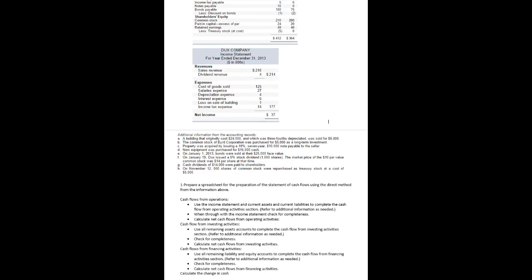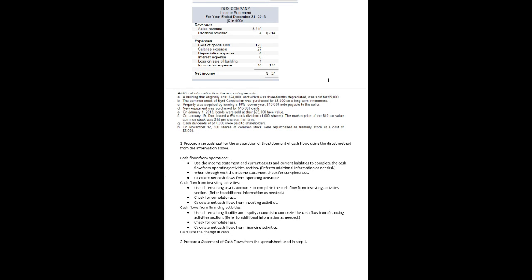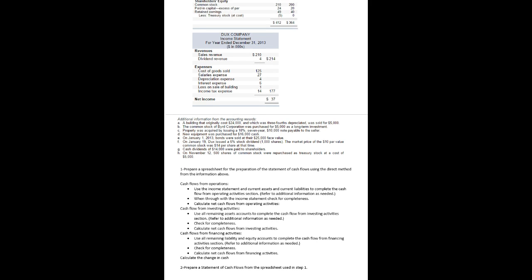Let's scroll down now and look at some instructions. The first thing we need to do is to prepare a spreadsheet. And the first section we'll complete is the cash flows from operations.